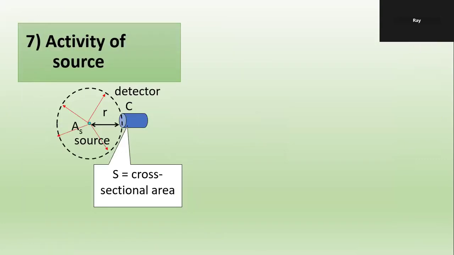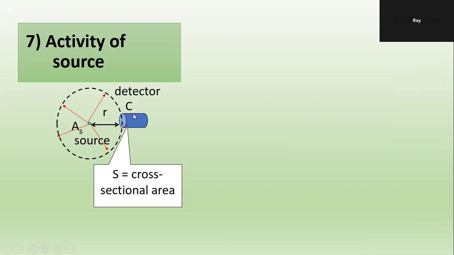Activity of source. This one is not mentioned in the syllabus. There's your source there. There's your detector. The detector has a cross-sectional area A. The activity of the source is emitted in all directions, so we are detecting only a small section by the detector.